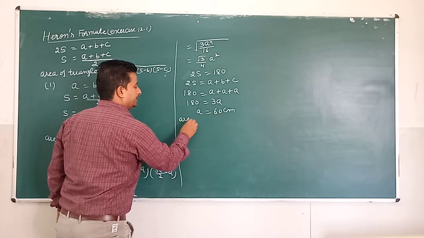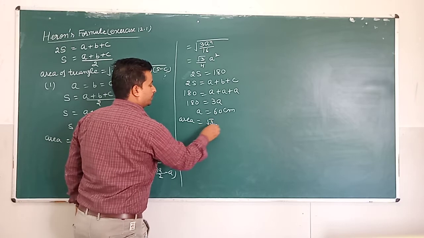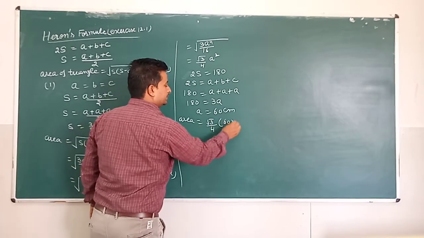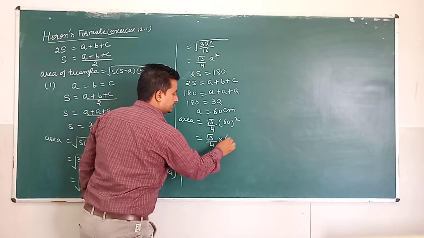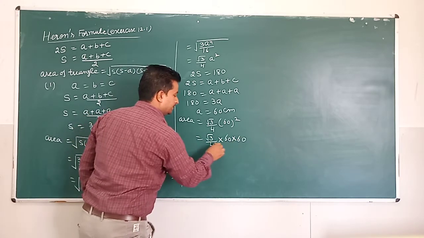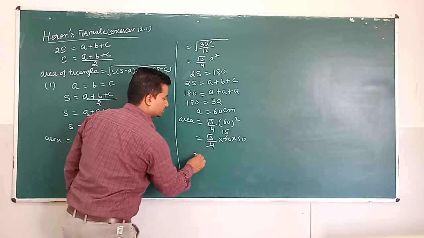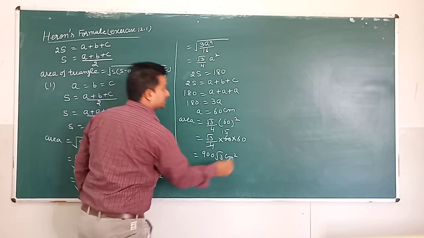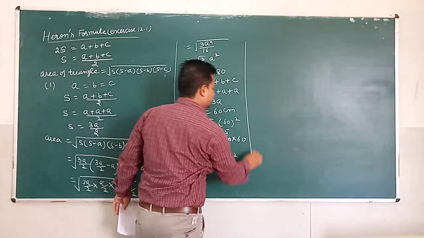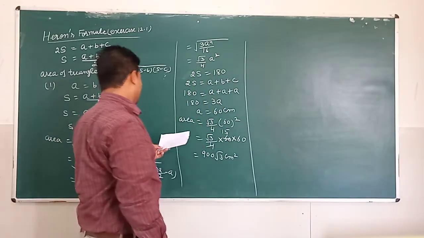So area is root 3 upon 4 times 60 squared, which is root 3 upon 4 times 60 into 60. This cancels out, so it is 900 root 3 centimeter square, the area of this signboard.